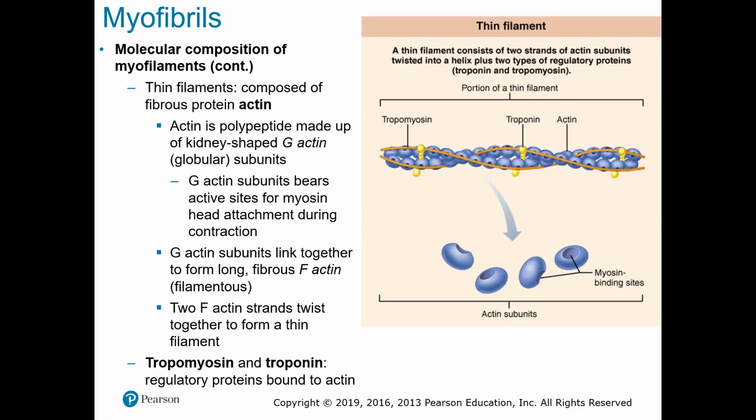Troponin is the key. Troponin controls the position of the tropomyosin. If troponin becomes stimulated or activated, it will roll over and drag the tropomyosin with it and expose the binding sites. The tropomyosin and troponin control the ability of myosin and actin to bind. So without activated troponin, no binding.